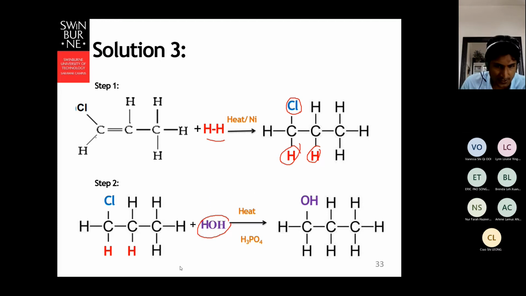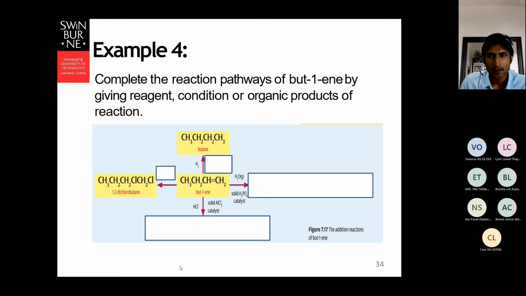Okay. Example 4 says: complete the reaction pathways of but-1-ene, or 1-butene, by giving the reagent, condition or organic product for each reaction. The question is that we have but-1-ene at the beginning.